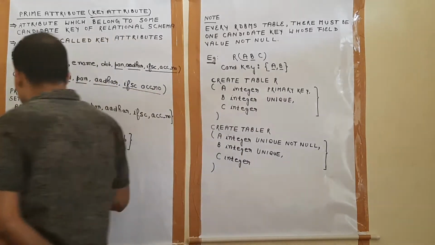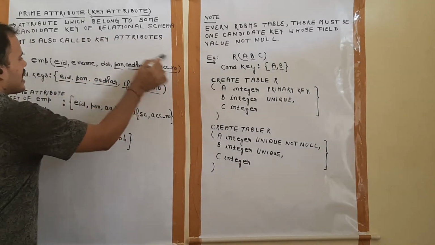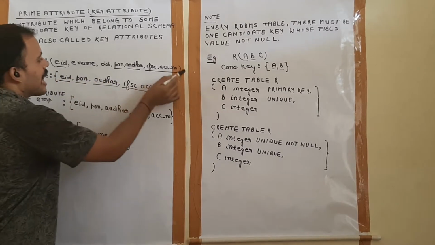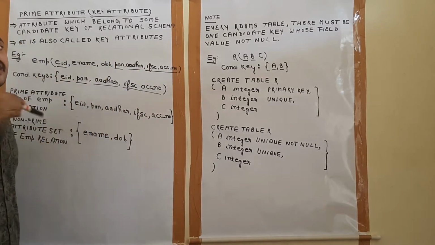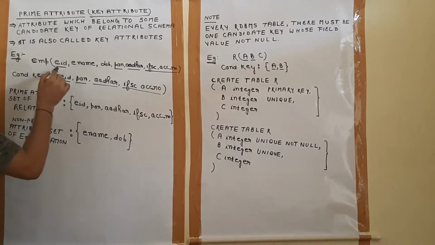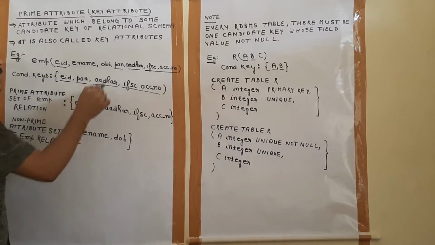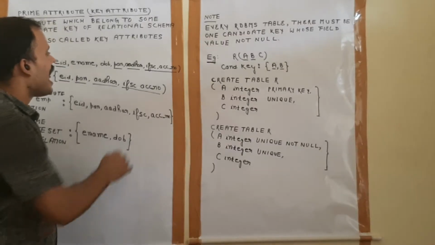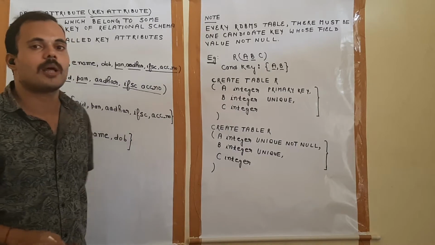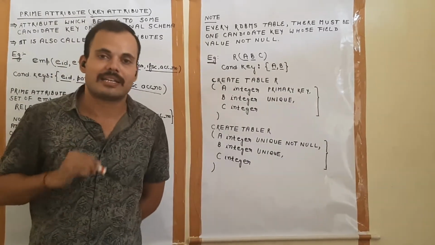Understood? So this is a relational schema because this is the table name along with a set of attributes and integrity constraints. What are the integrity constraints here? EID is the candidate key, PAN number is the candidate key, Aadhaar number is the candidate key, IFSC and account number together is a candidate key.